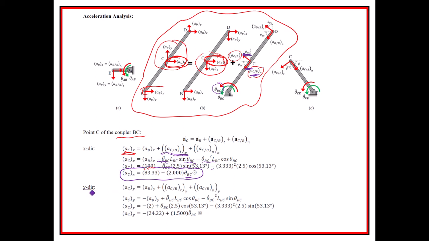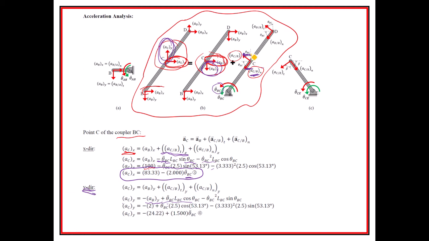Then we go for the y direction, and that's going to be taken up right up here, and we write the thing out. We know that this is going downwards right here, and this component is positive because it's upwards, right? So let me switch colors here so I can highlight that.